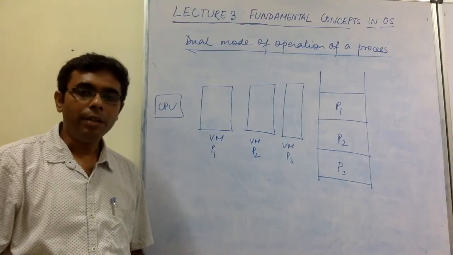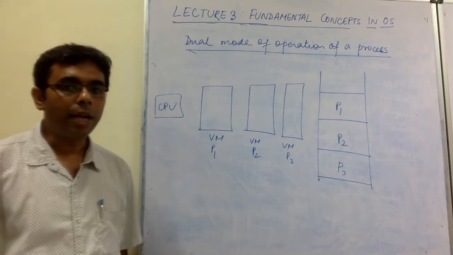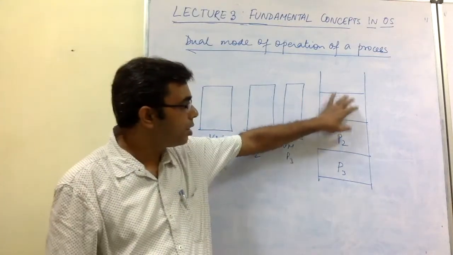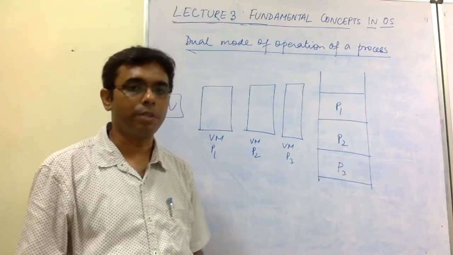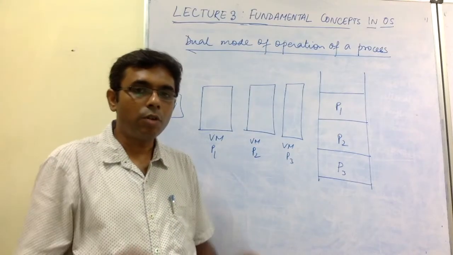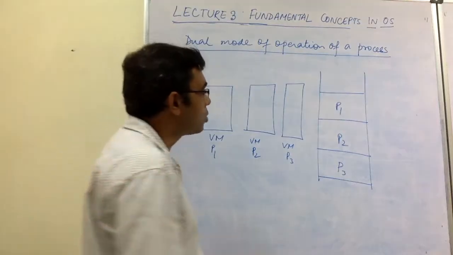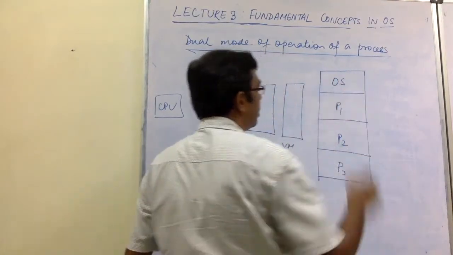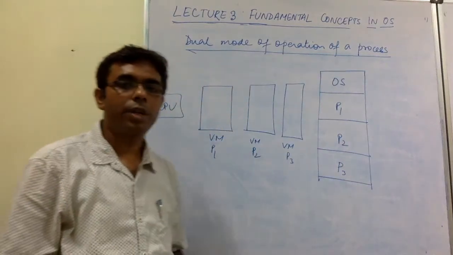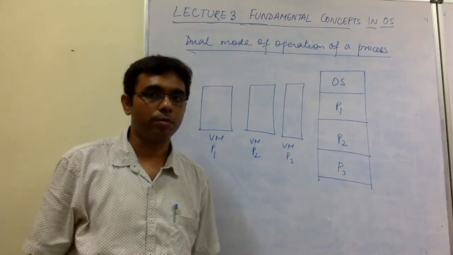Okay. Now, in this situation, it is very essential that you keep some kind of isolation among the address ranges allocated to P1, P2, and P3. So it's not only among the processes, it's also important that you maintain an isolation between the address range of a process and the address range allocated to the OS code.